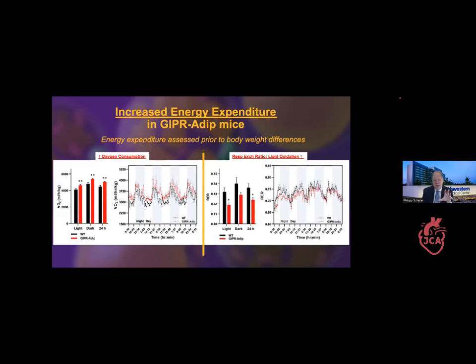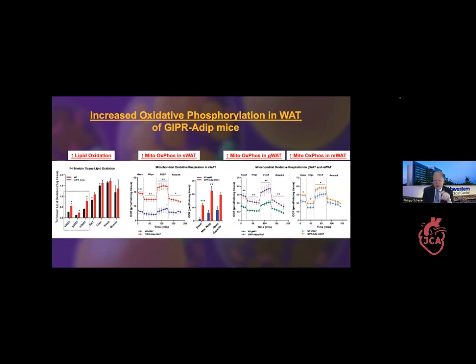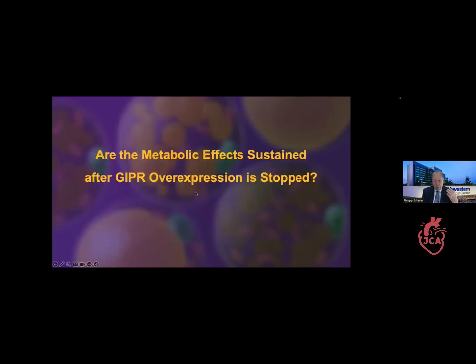What's important is that there is an increase in energy expenditure when you do this, as measured by many classical means, without going too much into the details. Oxygen consumption and lipid oxidation increase in this context. You can take that fat, put it into a Seahorse instrument and measure increased oxidative phosphorylation. So that reproduces all of that very nicely as well.